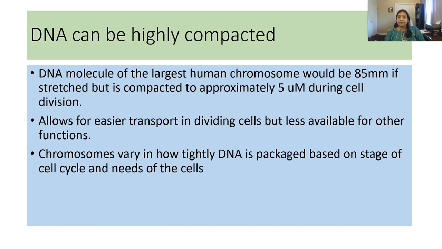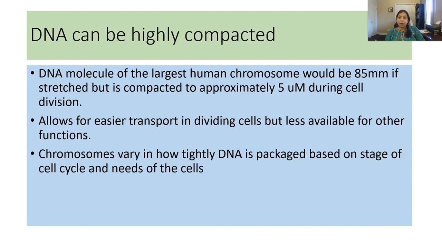However, the ability of the DNA to be compacted so much allows for very easy transport in dividing cells because they can be easily packaged up and divided when it's time for them to divide. Now, just because they can be compacted doesn't mean they're always in that state.